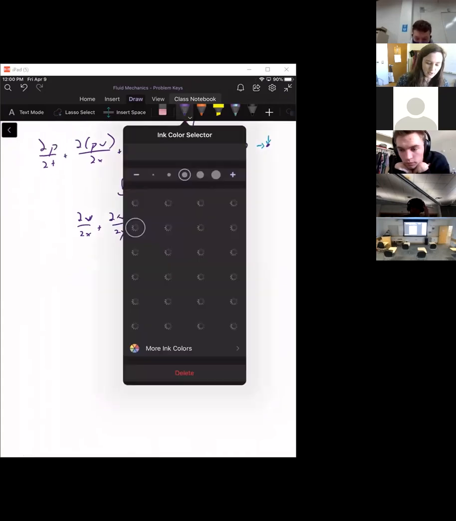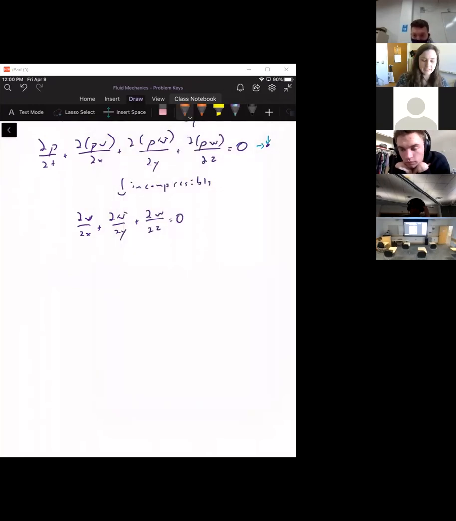So for example, if I had a field where u is equal to 2y, v is equal to 3x squared, and w is equal to 5, then du dx would be 0 because u is changing but not in the x direction.